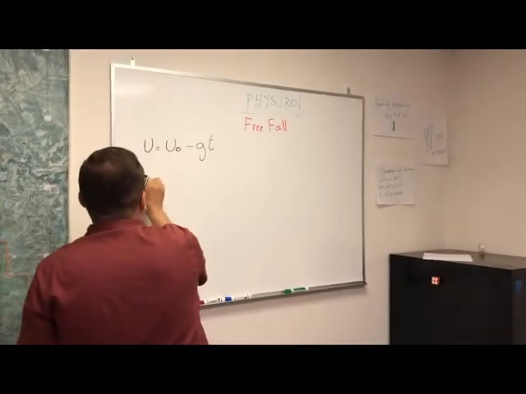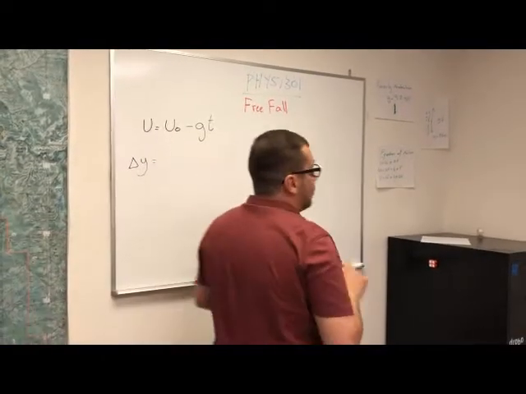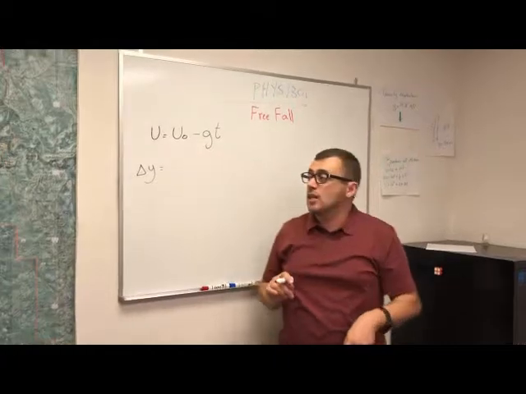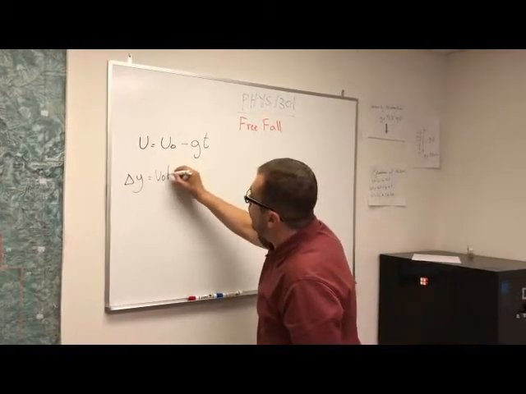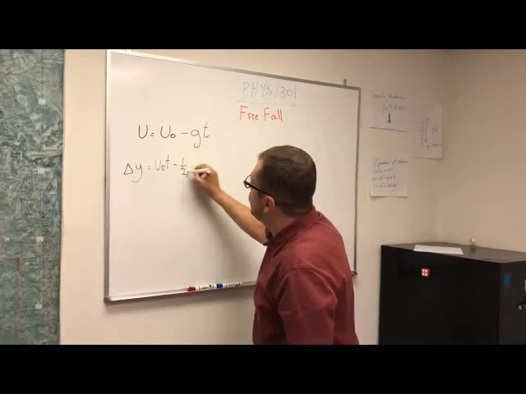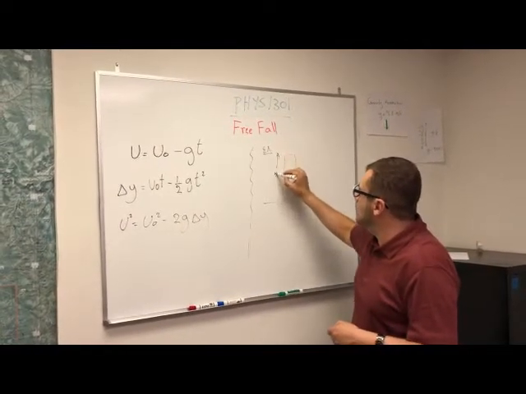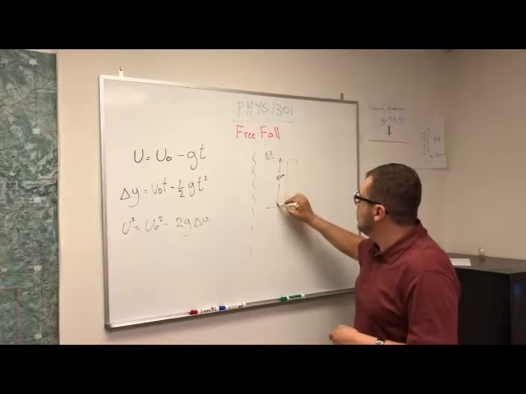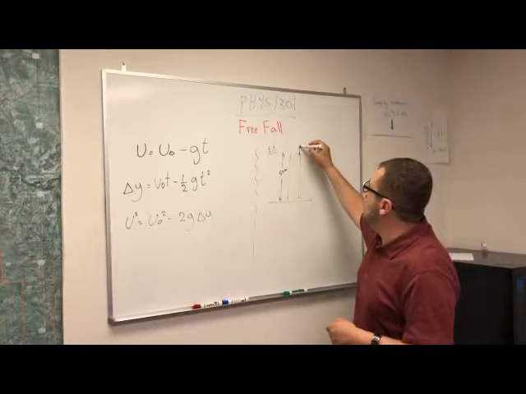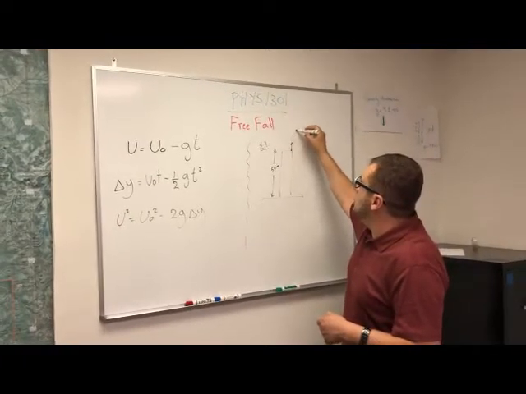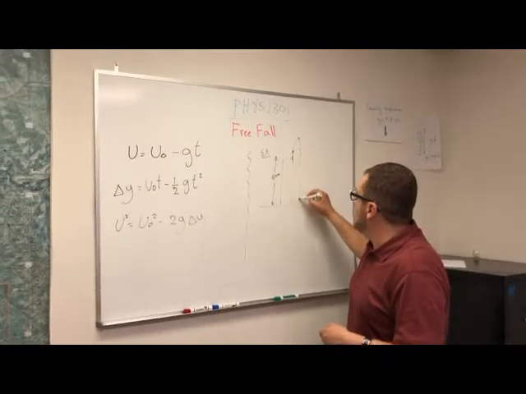Second equation: since we deal with vertical displacement, we should replace x with y, and then move on with the other parameters. Say a building is 50 meters tall, and there's an object or stone thrown vertically up, reaches the maximum height, and then goes back to the ground.